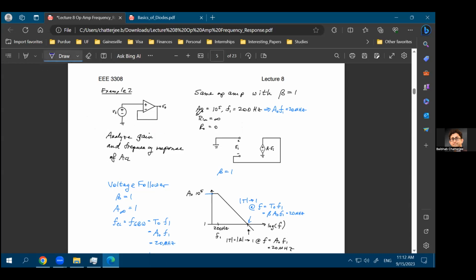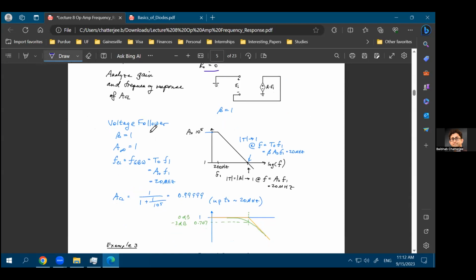In this case, what would you expect? Let's say you have the same numbers. Say A0 is 100,000. The open loop bandwidth is 200 Hz. That means the gain bandwidth product is still 20 megahertz. Rin is infinity, Rout is 0. This is a voltage follower configuration. So your beta is equal to 1. Your A infinity is also equal to 1. Your closed loop bandwidth is equal to T0 times F1, which is also equal to A0 times F1, which is also equal to 20 megahertz.